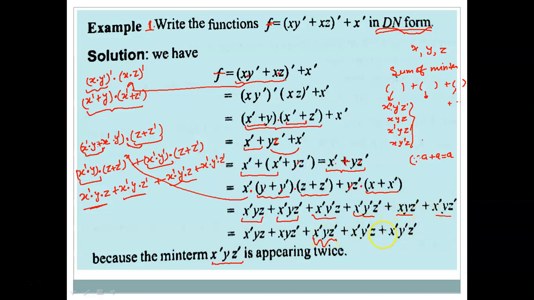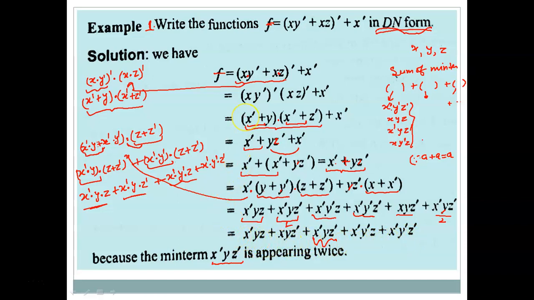So actually it is not yet in simplified form. We have to look out for this term x y z complement: one is here and the second is here. So the same term is there two times, so in Boolean algebra we write it only one time. So the simplified version gives you this.